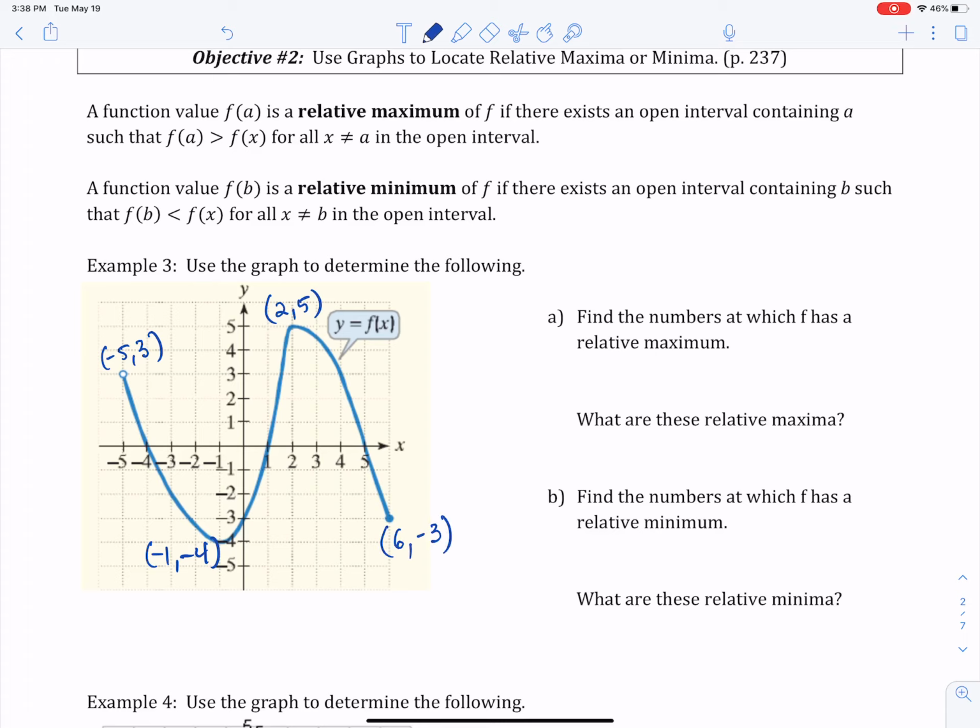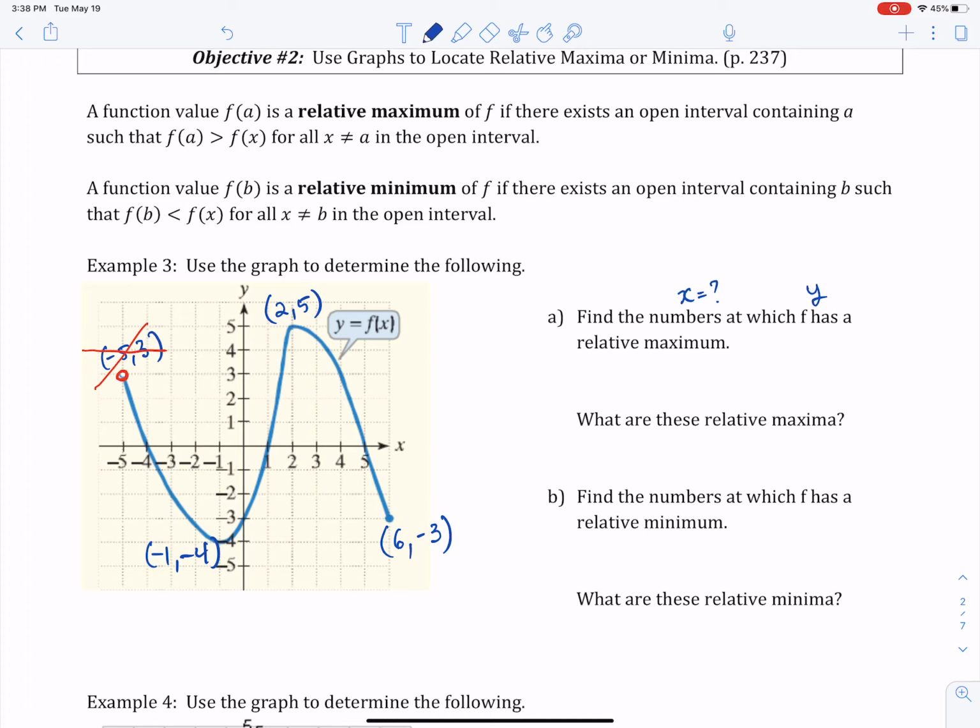Now, point -5, 3 is not included in the graph, so I'm not going to be considering that as a point from the graph being minimum or maximum, because there is that empty circle. This point is not part of the graph. So out of all the rest, I'm going to find the numbers, which is what is x, for which f has a relative maximum.